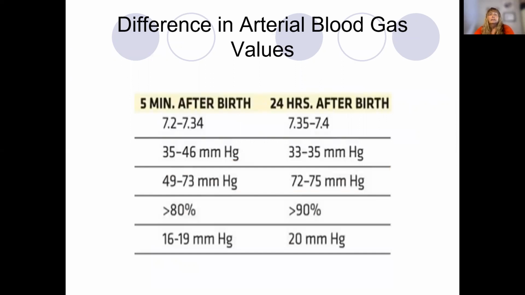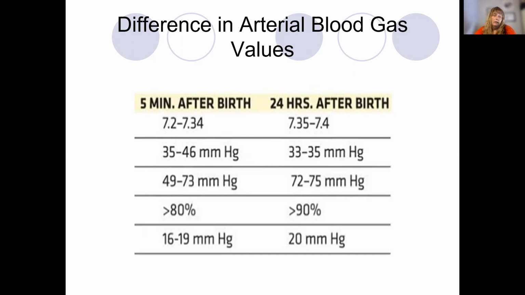So there are differences in arterial blood gas values after birth at 5 minutes and 24 hours after birth. So 5 minutes after birth, the patient could be from 7.2 to 7.34 on their pH. And then 24 hours after birth, they're going to be 7.35 to 7.4. CO2 levels 5 minutes after birth should normally be 35 to 46, and 24 hours after birth, 33 to 35.